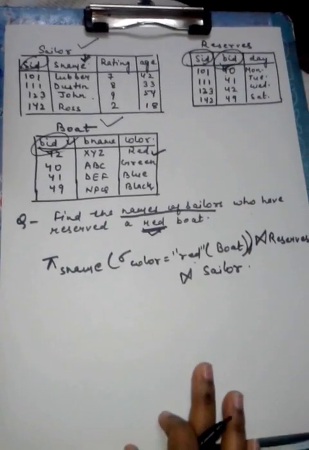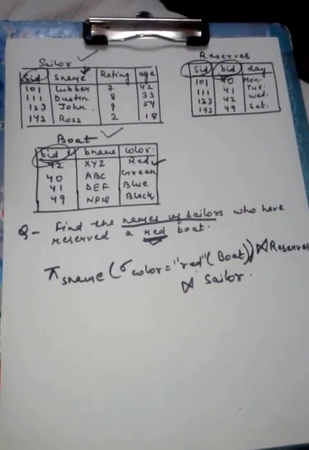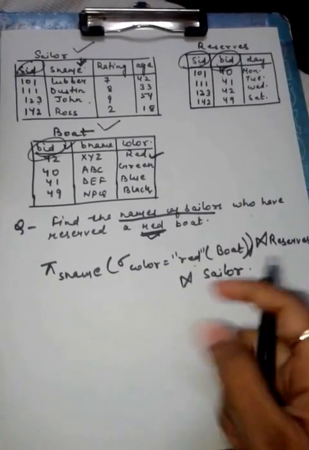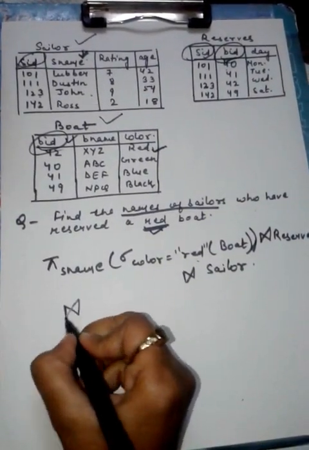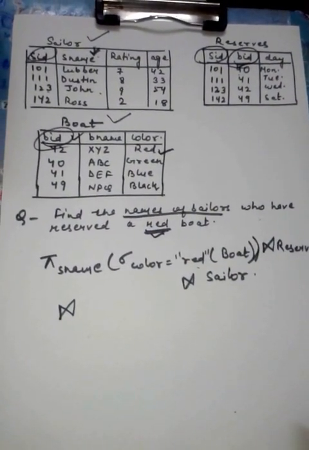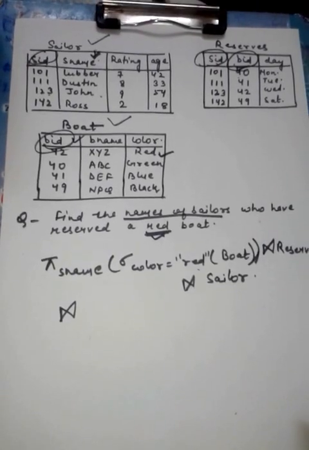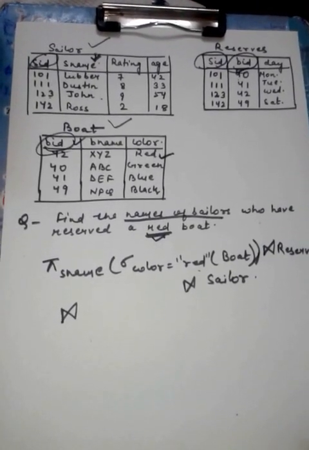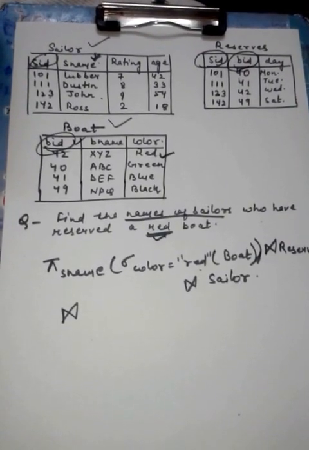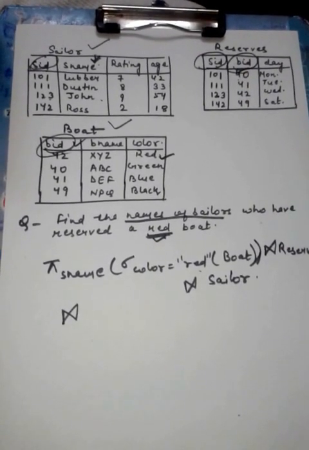So let me tell you what the natural join operation is. It is denoted by this symbol, and it is a binary operation that allows us to combine certain selections and a Cartesian product into one operation.